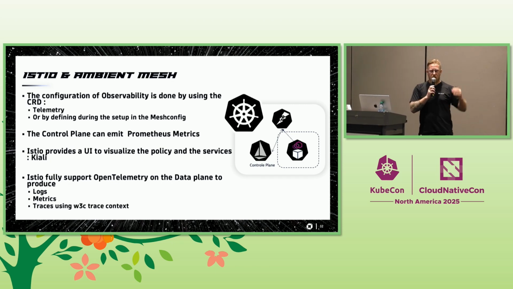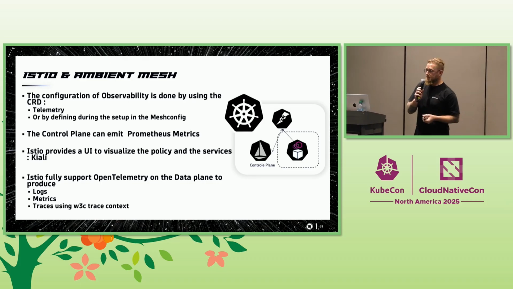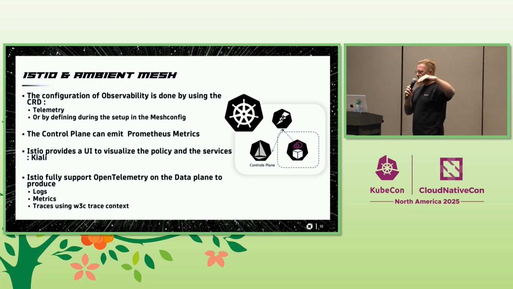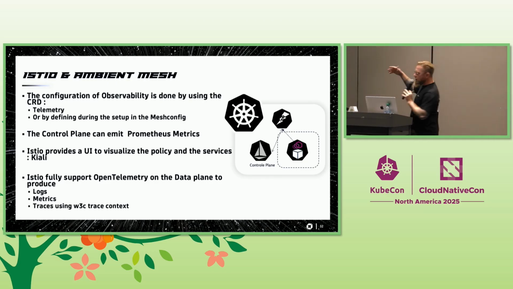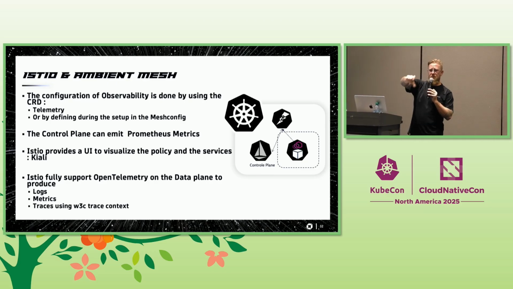Istio and Ambient, I covered both of them because they work the same way. You have a mesh config where you deploy your Istio or Ambient Mesh. You can say, hey, I want to enable the OpenTelemetry support. I want to generate the access logs and everything, and it will do it. Otherwise, they have a Telemetry object where I can customize. Oh, this particular namespace, I want to sample less and get more details.